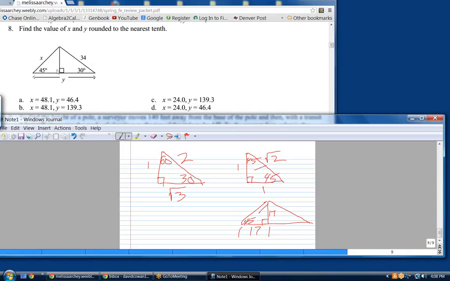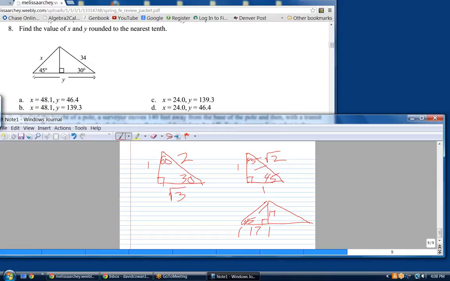In other words, if this is 17 and this is 17, now I compare this triangle on the left with my 45-degree unit right triangle, which has dimensions of 1, 1, square root of 2.